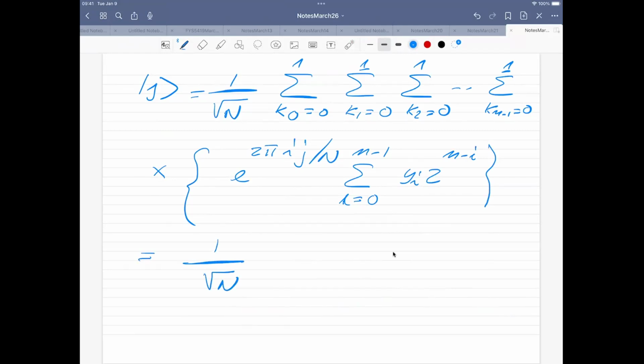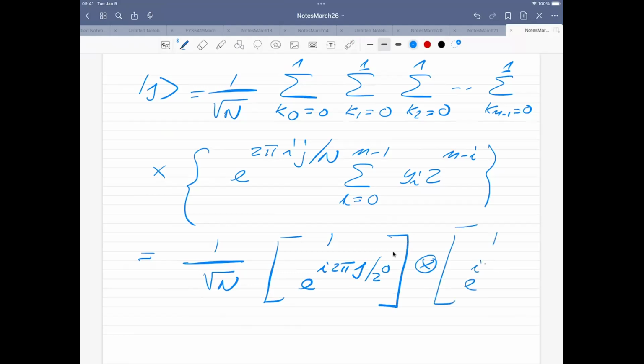So I'm going to have different terms. I'm going to have 1 divided by e of i of 2 pi j divided by 2 to the power of 0, tensor product with the next one, which is 1 divided by e of i of 2 pi i of j divided by 2 to the power of 1.